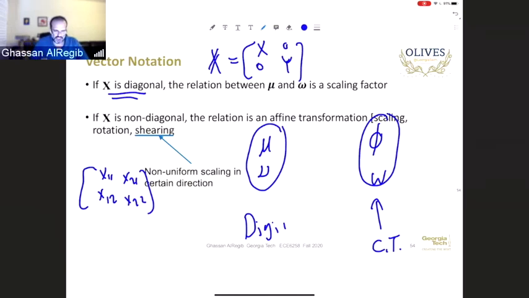We have rotation, we have shearing on one side, and on the other side, which is at a certain angle from the previous axis, we are also doing some kind of scaling. So this is just to give you the impact of our sampling lattice on the relationship between the frequency variables of the discrete signal and the frequency variables of the continuous signal.